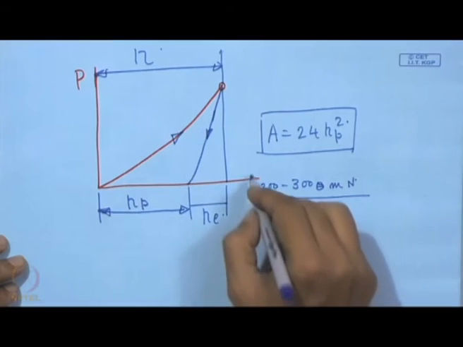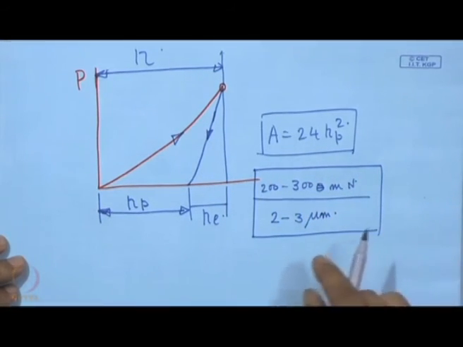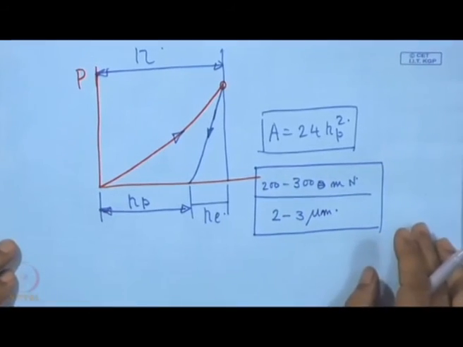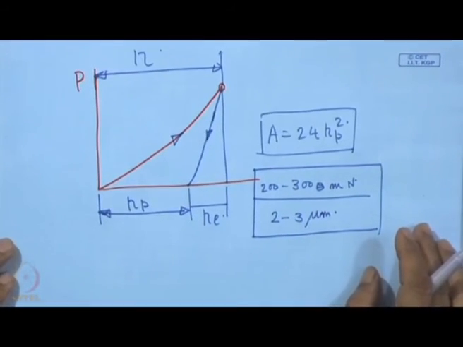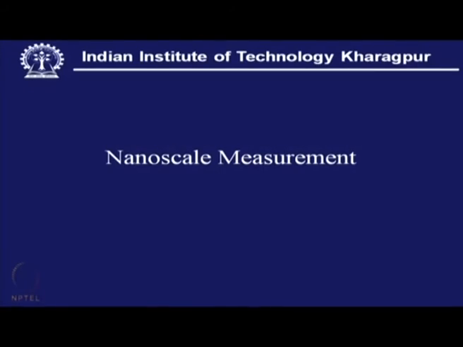With that it is possible to localize the entire penetration within the coating, and in that case the hardness of the coating can be measured directly with much better accuracy. And that is why now for all sorts of hard coating, this nanoscale level measurement has become one of the most useful and usable techniques of hardness measurement.